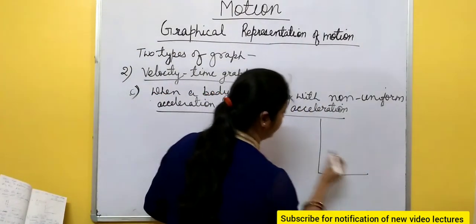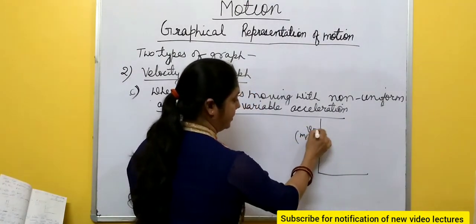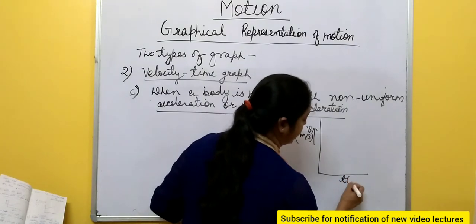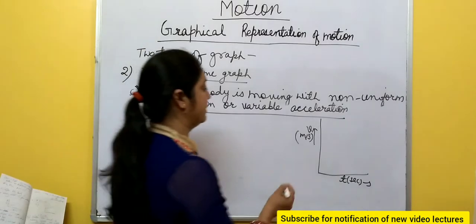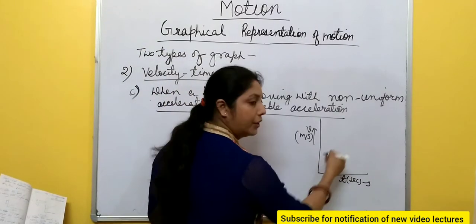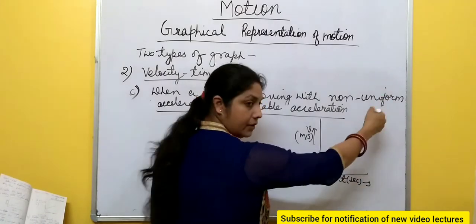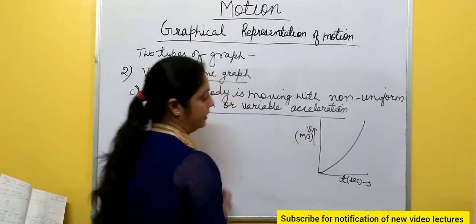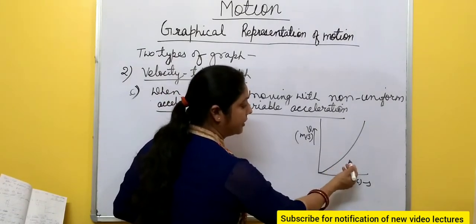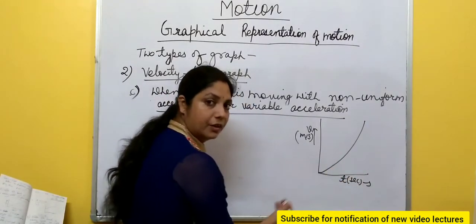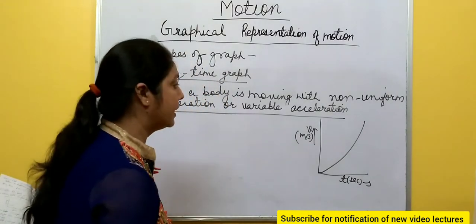Okay, so what type of graph is formed in this case? Suppose here is velocity in meter per second, this side, and along this x-axis time is in second. Now in case of non-uniform acceleration, the graph is not a straight line, it should be a curve like this one, increasing non-uniform acceleration or decreasing, anything. But in this case the graph is not uniform, it makes different angles at different intervals of time. It means the slope is different at different time intervals.